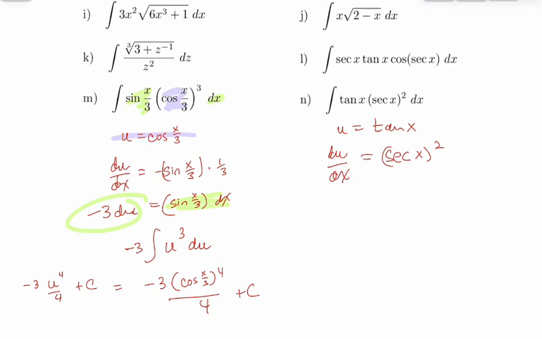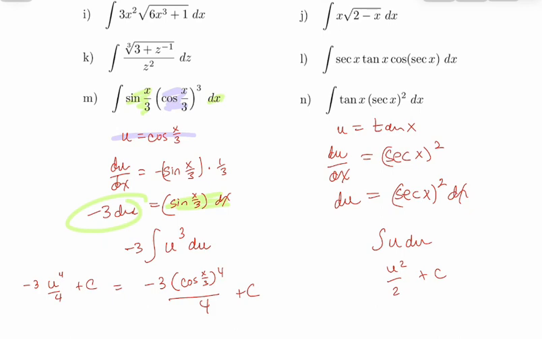Now there is an alternative. You could have written secant as secant, and then what is the derivative of secant? Secant tangent. It actually works both ways. So we know that du is a perfect replacement of secant of x squared dx. So it just becomes the integration of u du. Very simple integration. It's just u squared over 2.